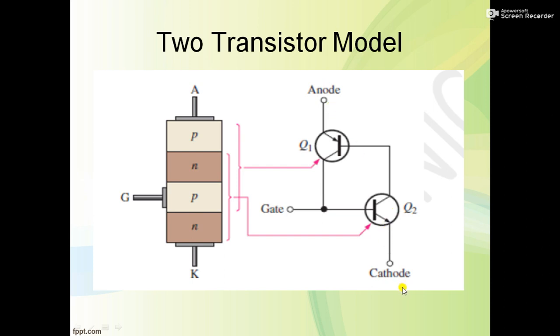Then case number 2: when we apply a positive voltage from gate to cathode, the holes in the P type are injected into the base of the transistor Q2.